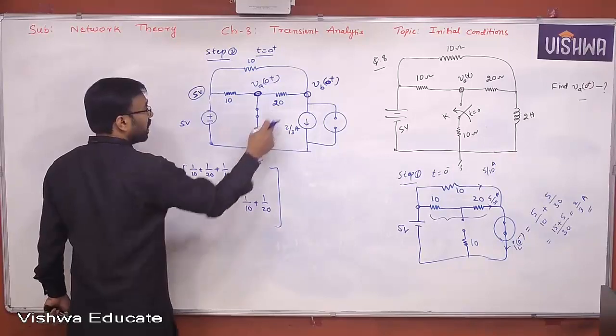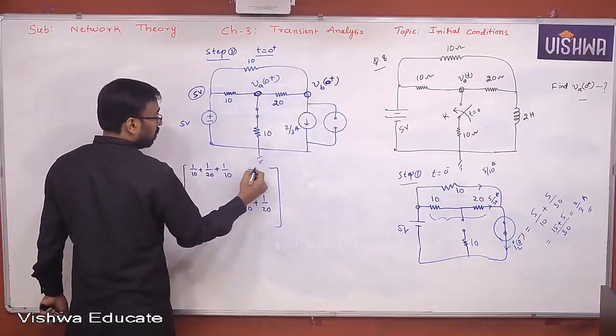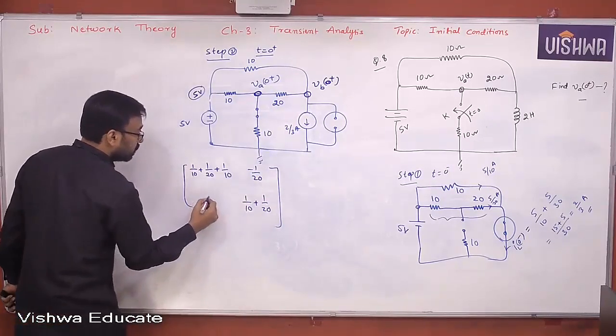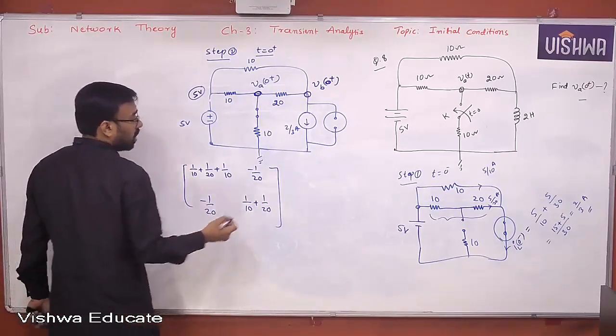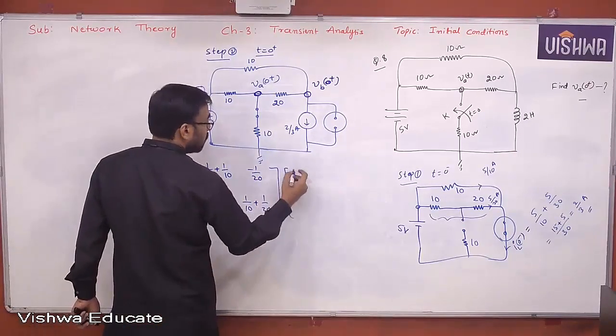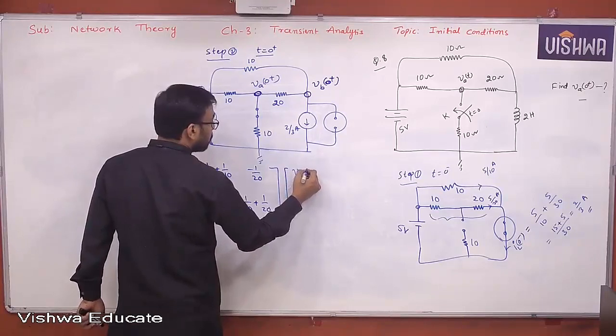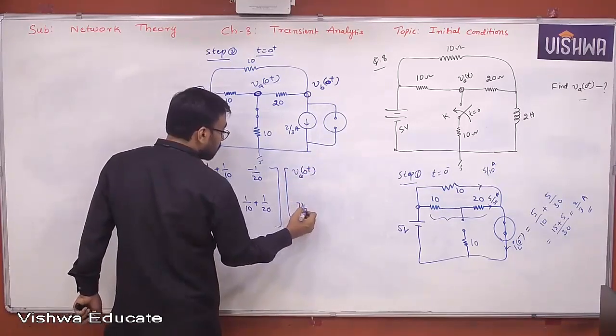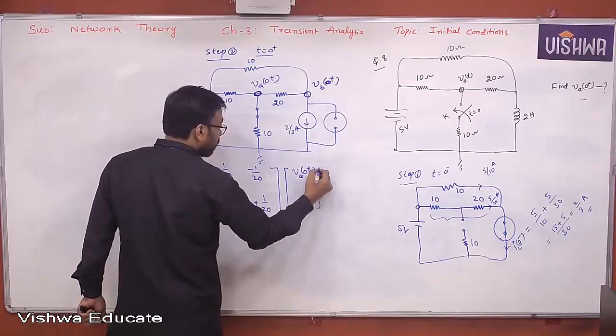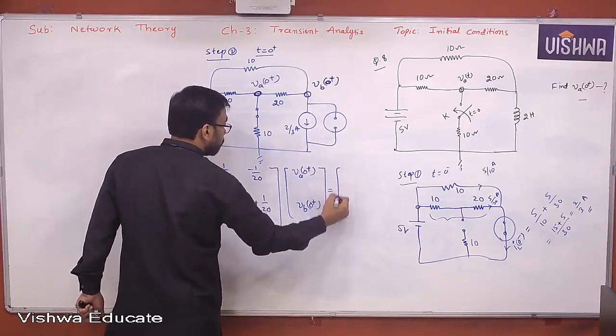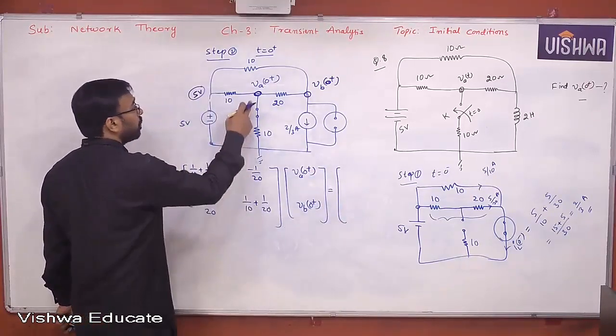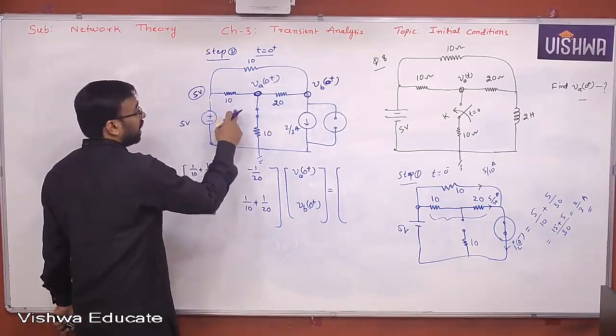What about the common element between A and B? Minus 1 by 20. You know that off-diagonal symmetry we already learnt in the beginning class, node analysis and mesh analysis. So don't expect a detailed explanation here. Now, at node A, 5 by 10 I can write.